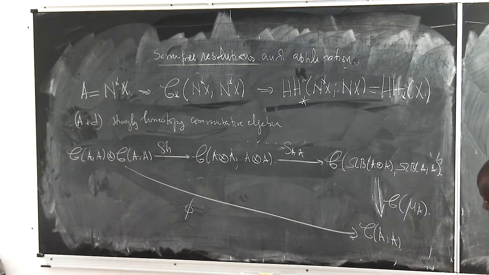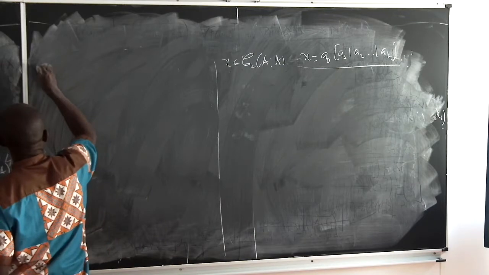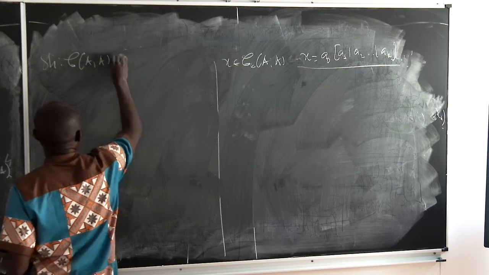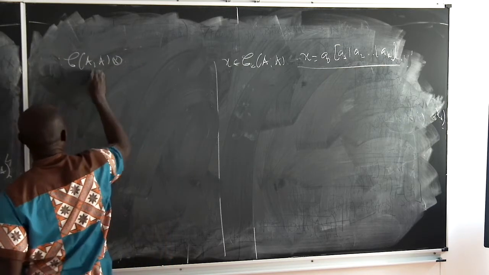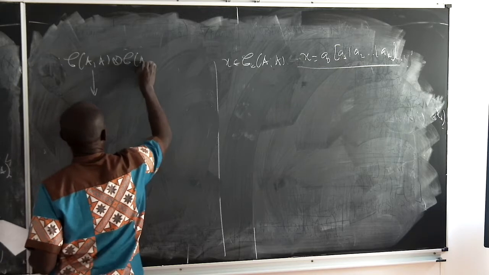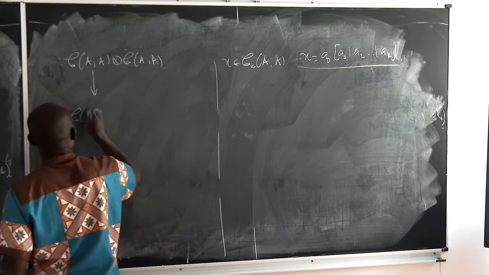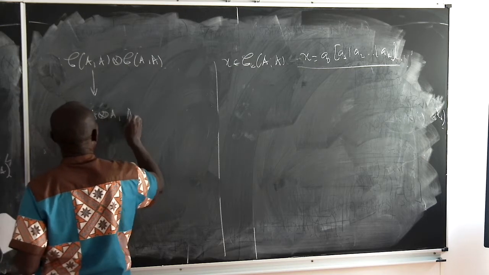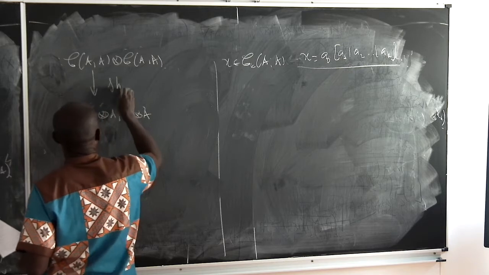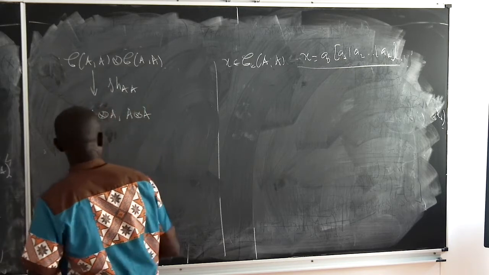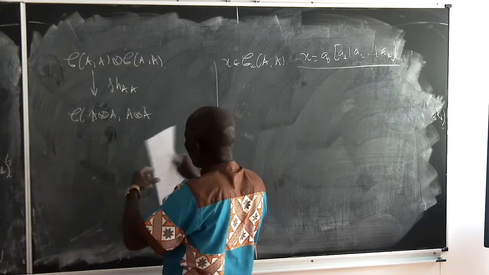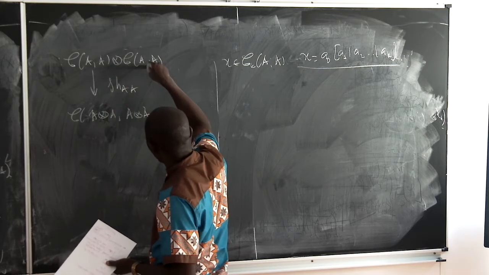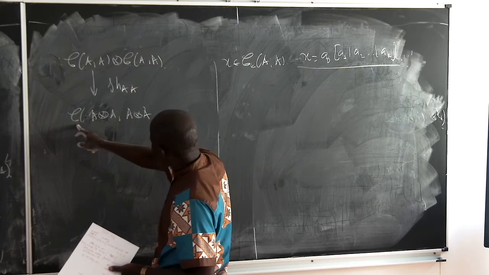And of course the shuffle here, defined from A tensor A. This is the shuffle that I defined, the shuffle when you want to move from the tensor product of two chain complexes to the chain complex of the tensor product.